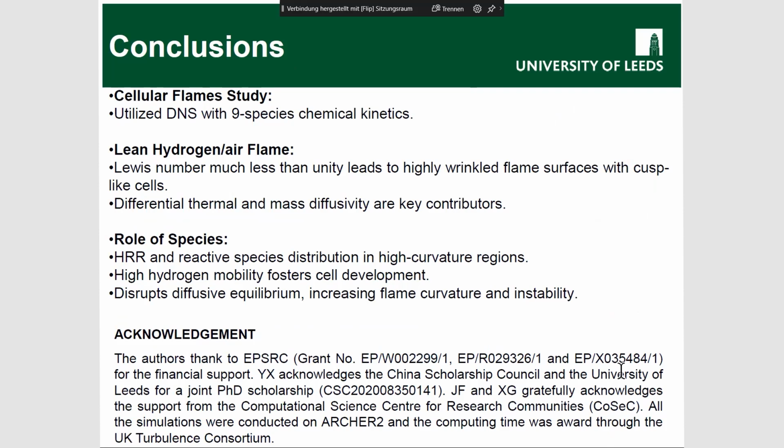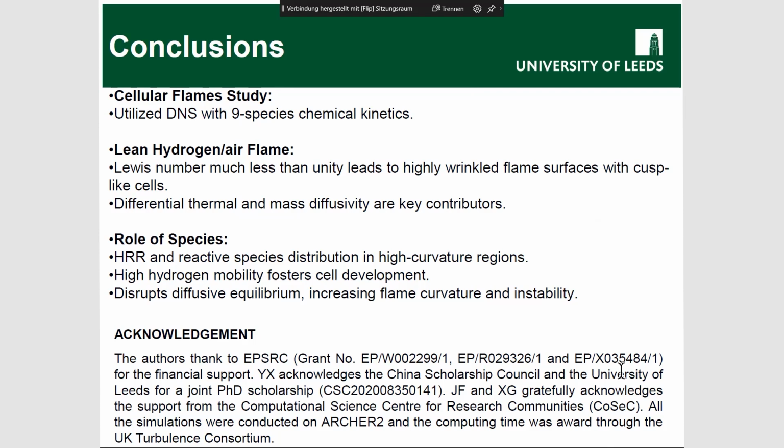Our study used DNS modeling with detailed species chemical kinetics. For the hydrogen-air flame, the most important parameter is the Lewis number: a Lewis number much less than unity leads to a highly wrinkled flame surface with cusp-like cells, and thermal and mass diffusivity are also key contributors.